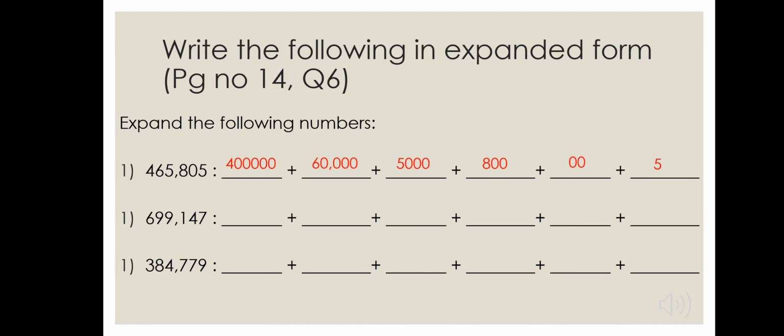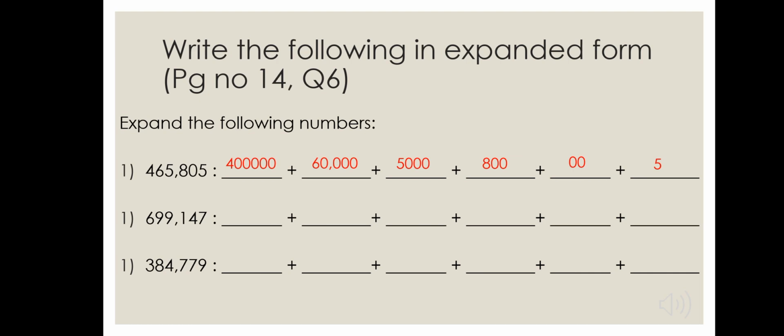The last number is 4, which holds the place value of 100,000. And whenever you are going to expand a digit which holds the place value of 100,000, you are going to place 5 zeros after the digit which holds that place value.